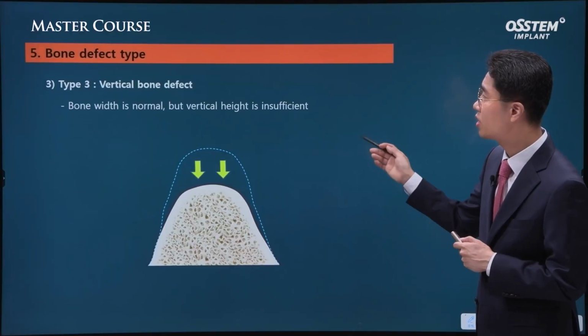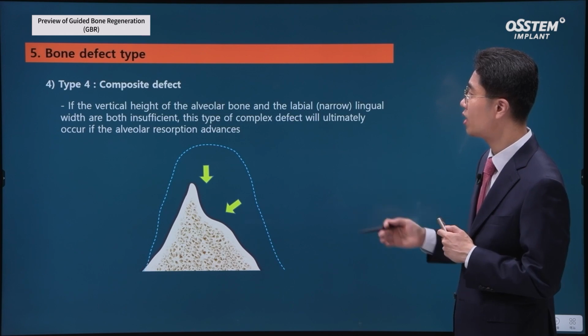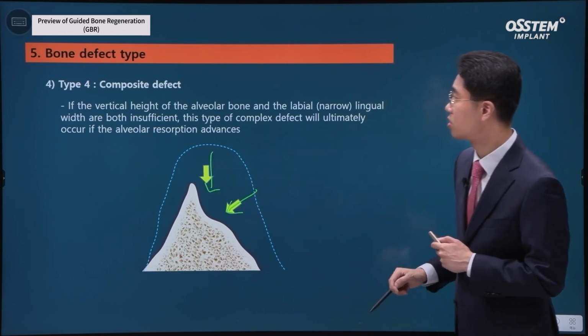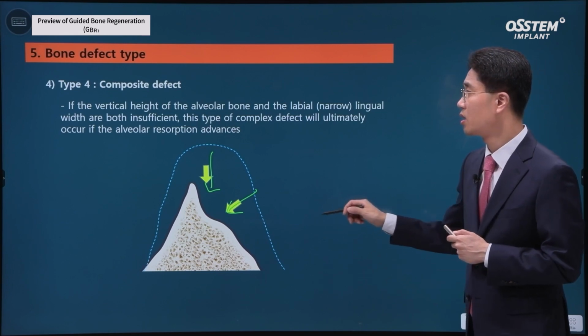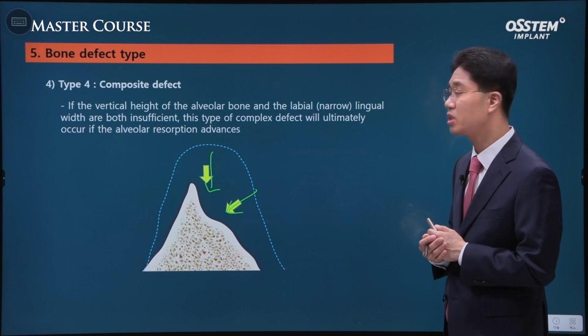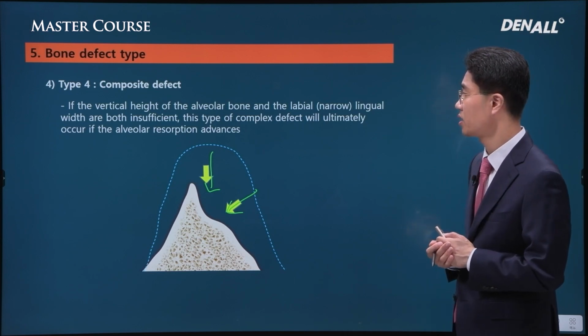This is vertical bone defect. And this is an extensive case where there's horizontal and vertical bone resorption. In this case, it will require extremely high surgical skills. It will be very difficult to treat.